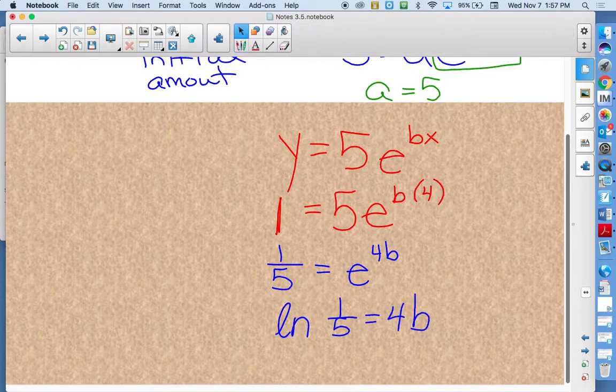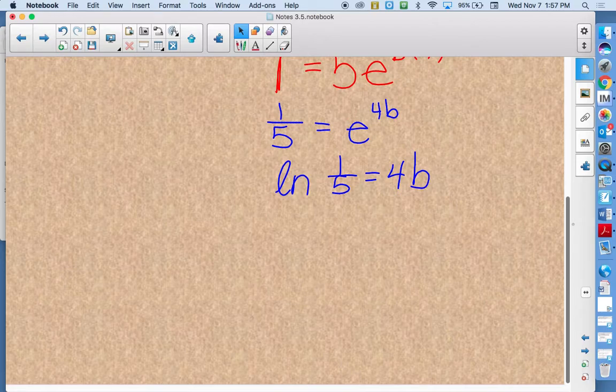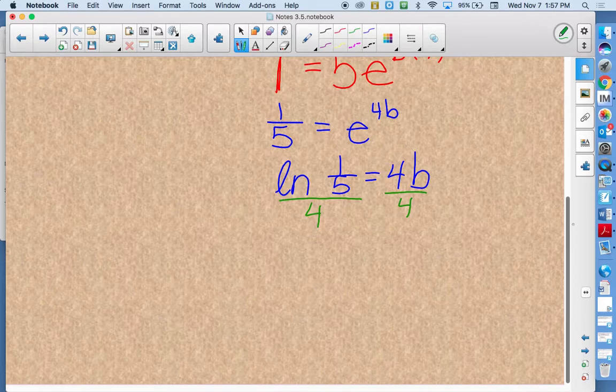to 4b. So in your calculator, you'd plug in the natural log of 1/5, and then we need to divide that by 4 to get the value for b. So A, what's the initial amount? We now found b by using that initial amount and the second ordered pair.